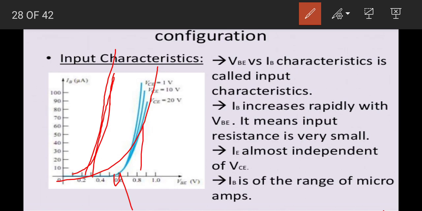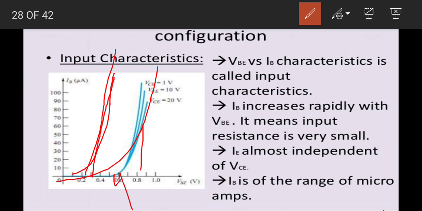Here the input resistance is very small, that's why it increases rapidly. IE, the emitter current, is almost independent of the emitter collector voltage, but it depends upon the emitter base voltage.